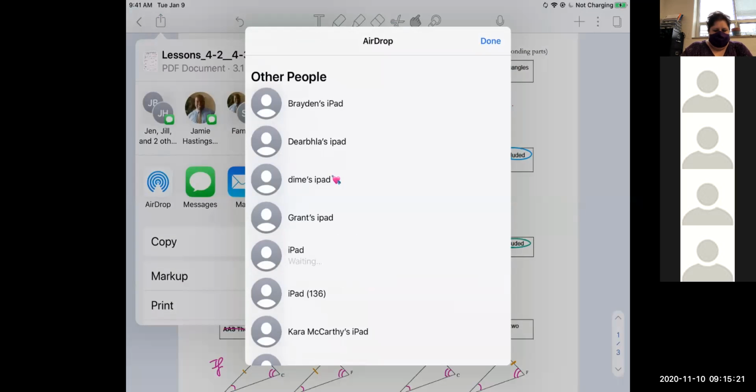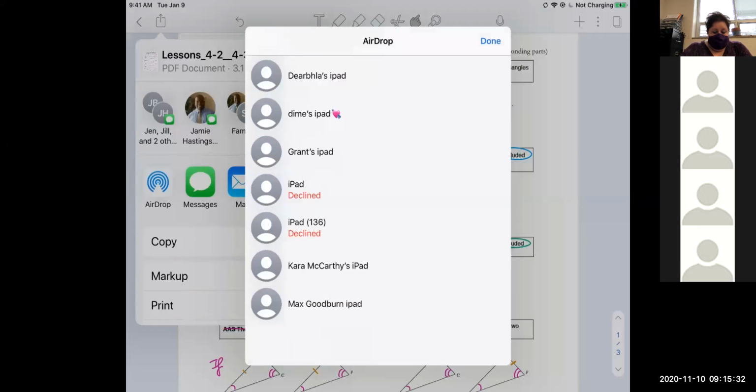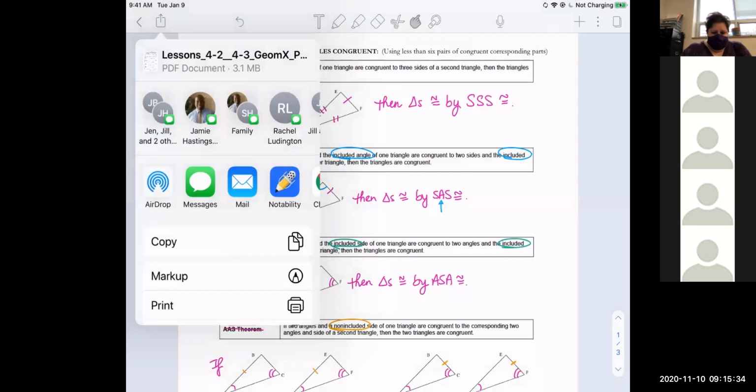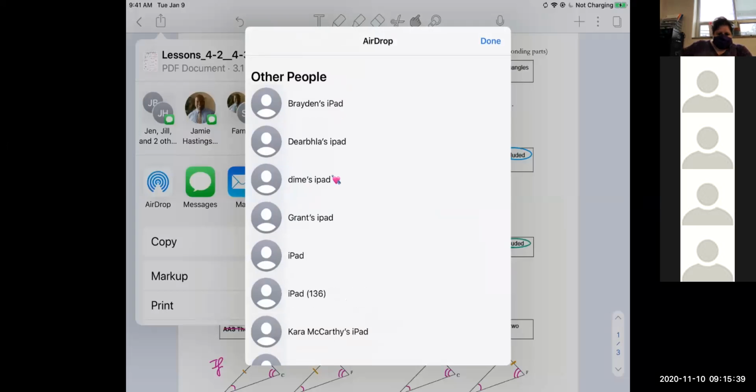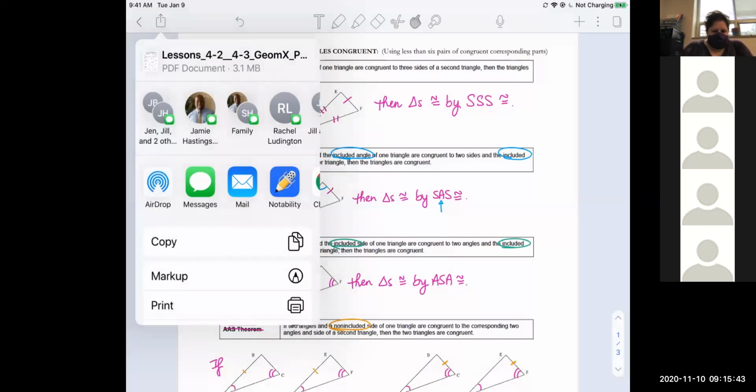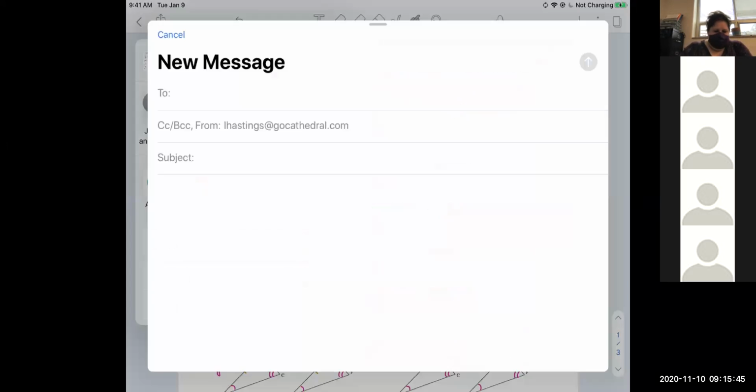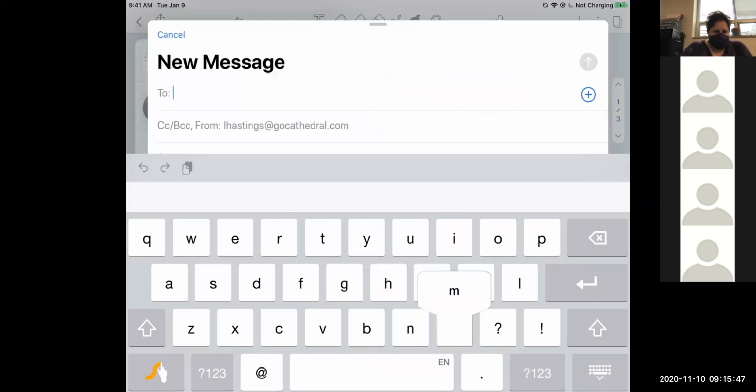Or iPad 136? iPad 136 is you? Maggie, did that go through? No. Okay, are you sure it's on now? Okay. Okay, you're still not showing up. So I'll just send you an email. What's your middle initial?